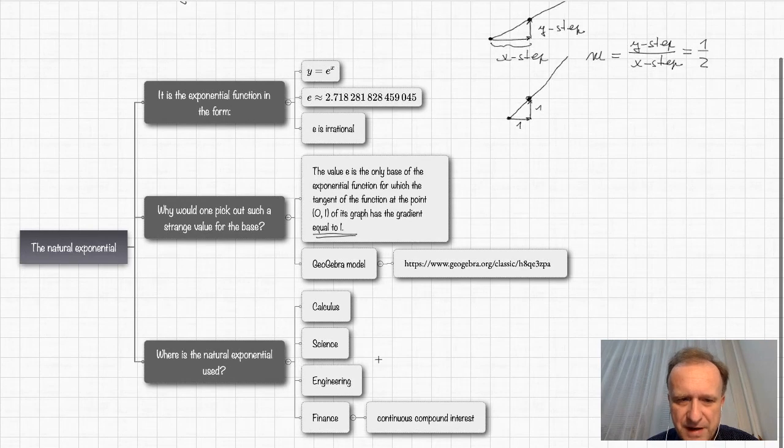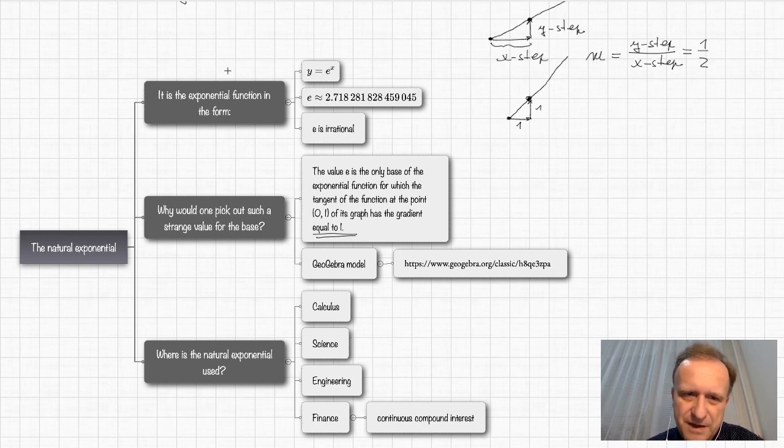Okay? Now, you may ask, where is the natural exponential used? Well, this question, when some time passes, and if you will have completed your studies at the university and having completed calculus, for example, this question will seem ridiculous to you, because in calculus the number E is very much present in all the calculations which require making integrals or derivatives of functions and so on.